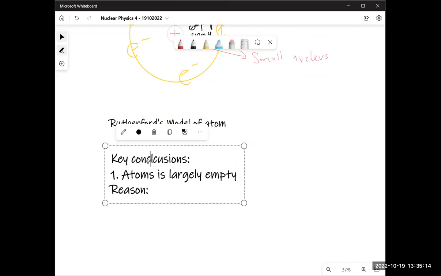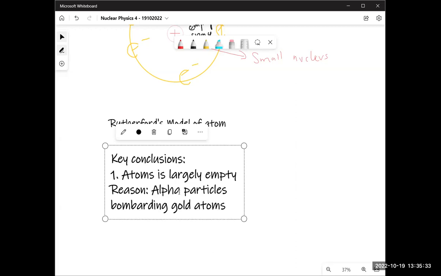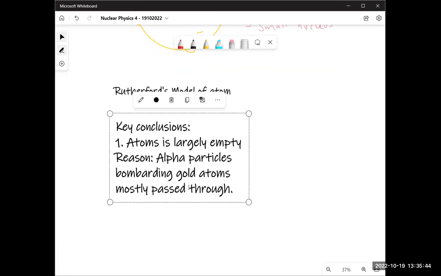Reason for this is that alpha particles bombarding gold atoms mostly pass straight through. Write this in your notebook and tell me when you're done.